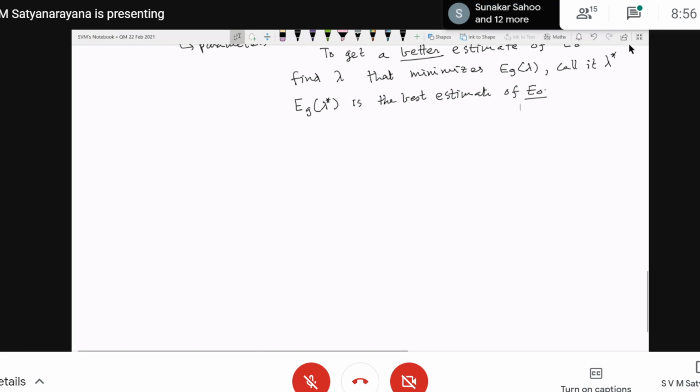Okay, so is there any procedure to make a guess for this trial wave function? Whenever you are saying it is a guess, there is a fair amount of intuition involved. If I can give a method, then I will not call it a guess.